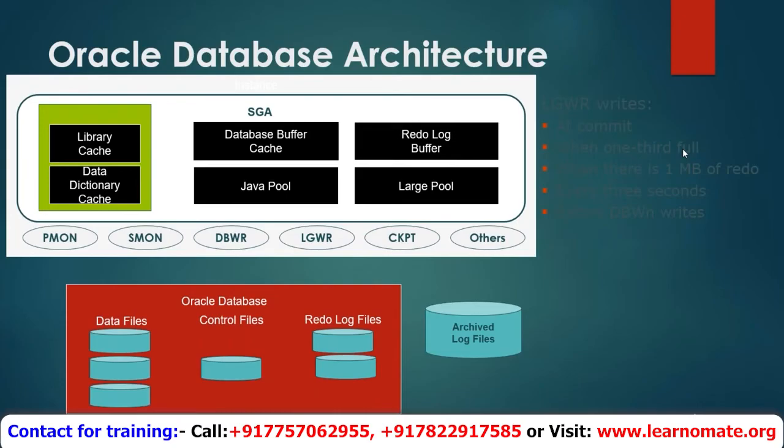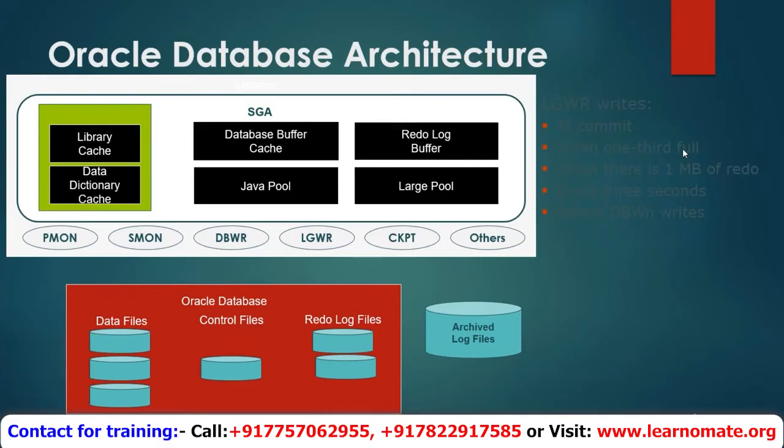Archive logs are stored on the operating system. Redo log files have limited size. Once your redo log files get full, the data in them gets flushed out, and the backup of these redo log files is taken on disk, and that backup is called archive log files.